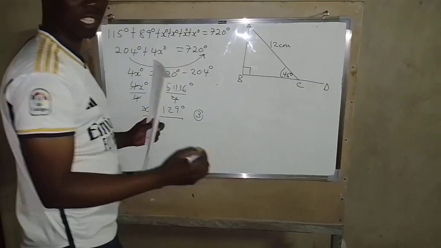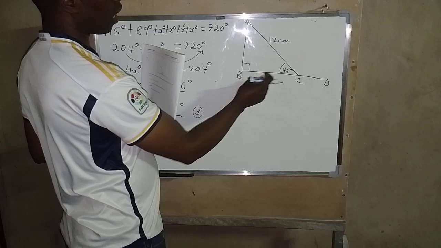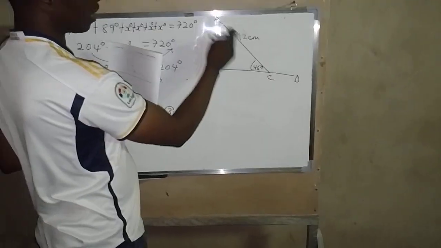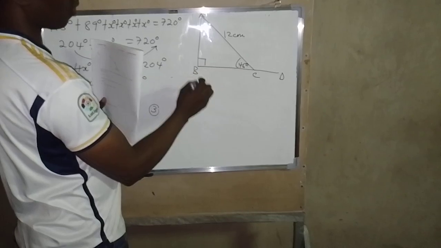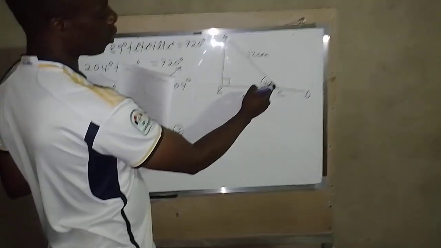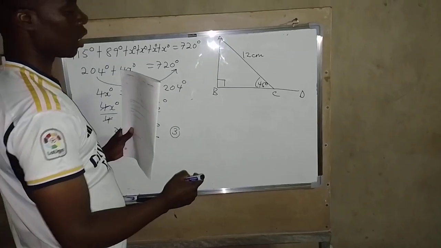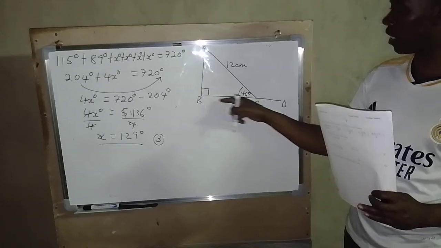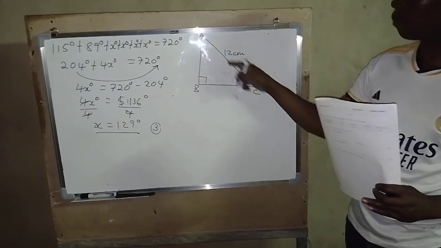Now we look at the relationship between this angle and this side BC and also the side AC. So if we look correctly, BC is adjacent to this angle 45 degrees. So what it means is we have an adjacent here and also the hypotenuse.